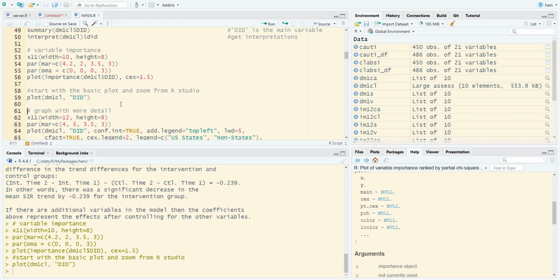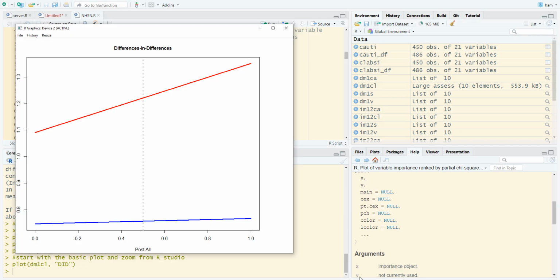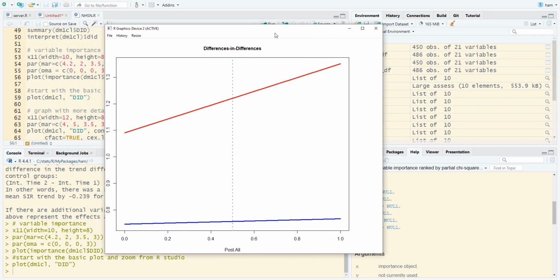I can just do that in a very basic way by running plot, typing in the regression model name DM1CL, and then in the next space, separated by a comma, we would put the type of regression model we did, and that's in quotes, DID.